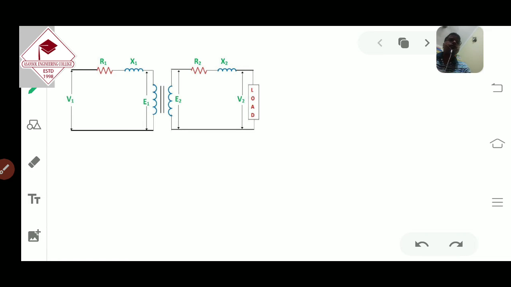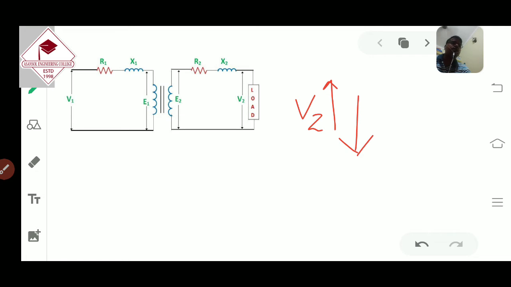To understand the voltage regulation, whenever we load a transformer, the terminal voltage may change from no load to full load or at certain load. So this V2 voltage available at the terminal at no load, if you load the transformer, this voltage may go up or it may go down also.